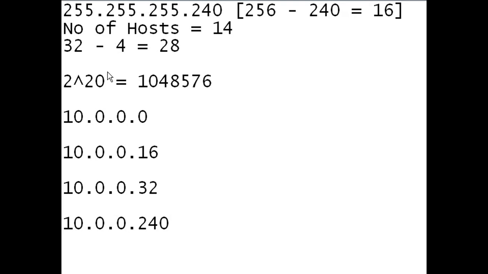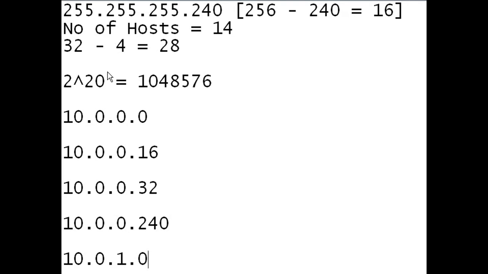If you add 240 plus 16, it is 256, which means 255 plus 1 becomes 0 and the next octet increments, so 10.0.1.0. That is how you get it.